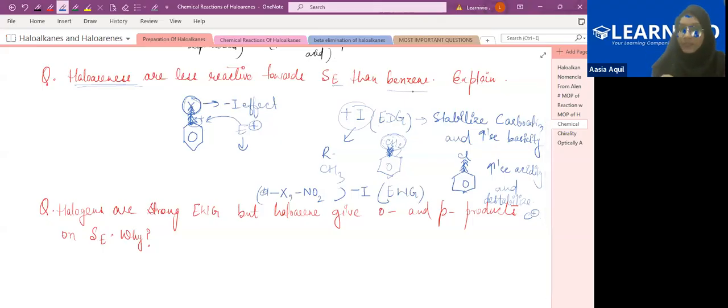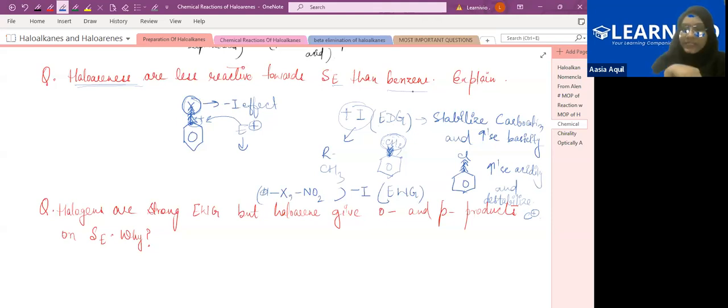Due to minus I effect, the electron density in the ring, in the benzene ring, basically reduces. There you feel the decrease in the electron density, and due to the decrease in the electron density, it feels partial positive charge.